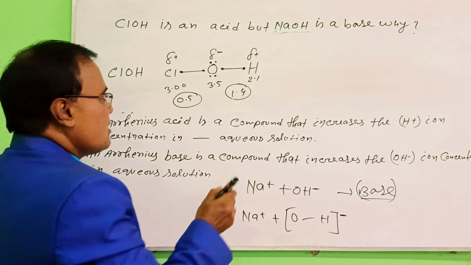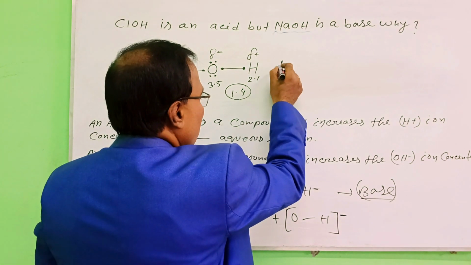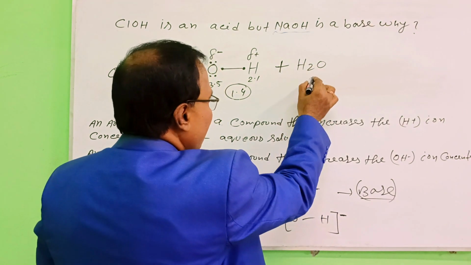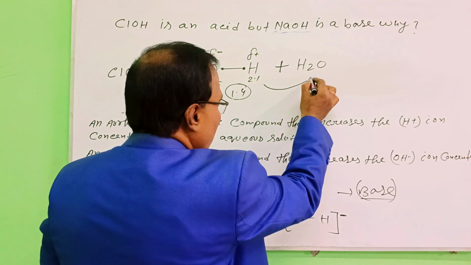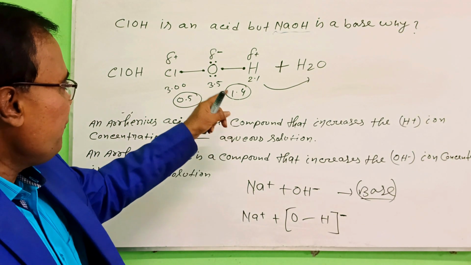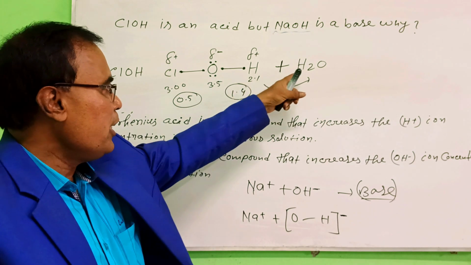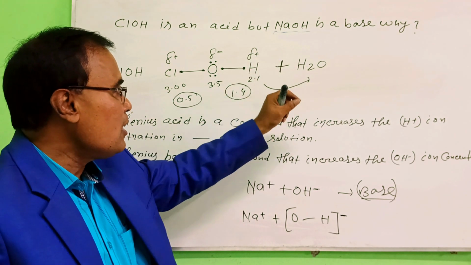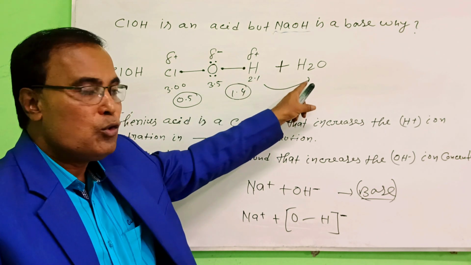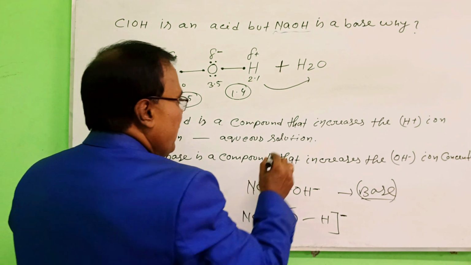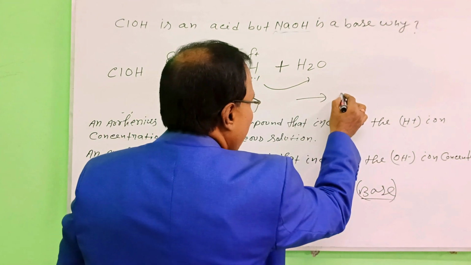Now, if you mix this compound with water, that means in its aqueous solution, water will attract the H+ ion towards itself, and ClOH will split into two ions.